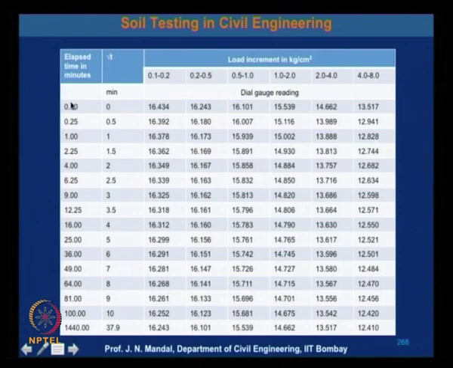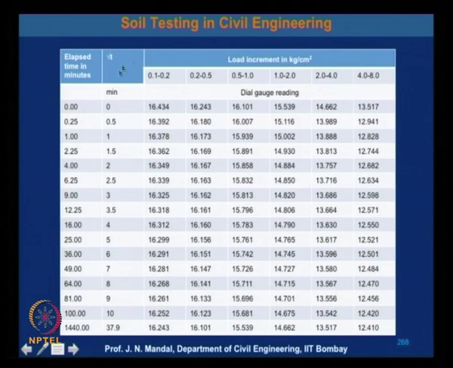I will now show how you can take the reading in a consolidometer, and you have to take the reading after elapsed time. Let us say here I am showing 0.25, like that, 1.09, 2.48, and you continue to take the reading like that up to 40 minutes.